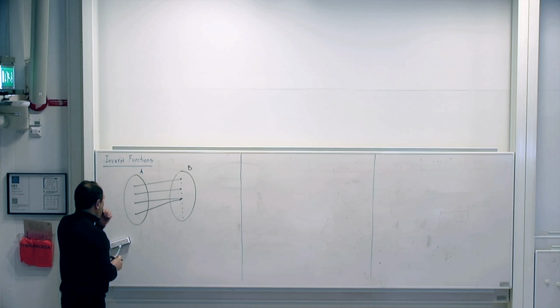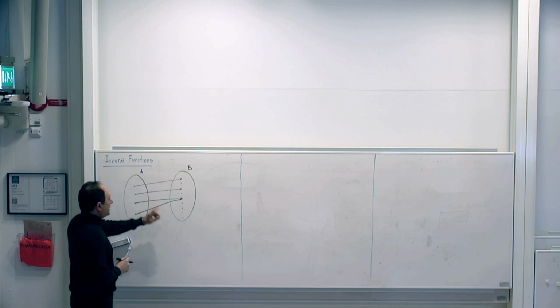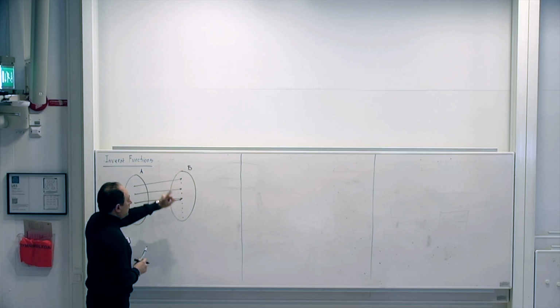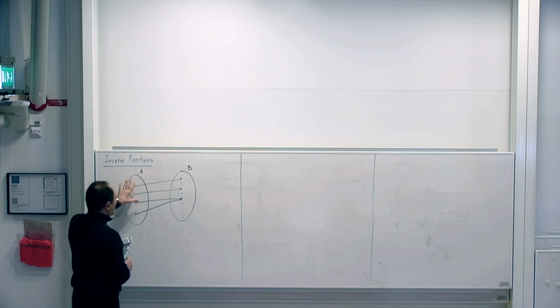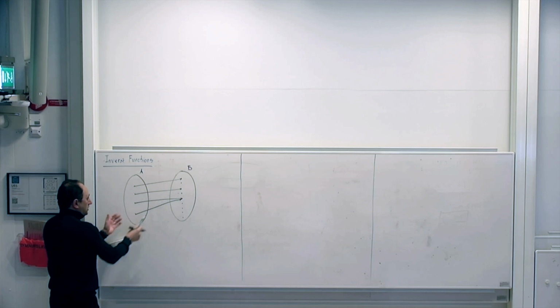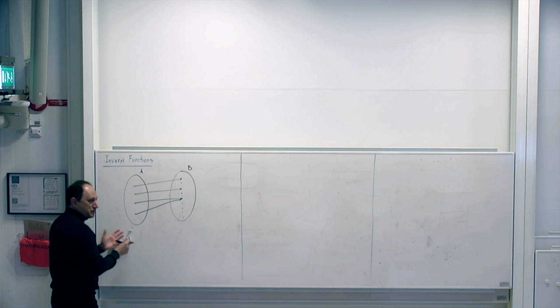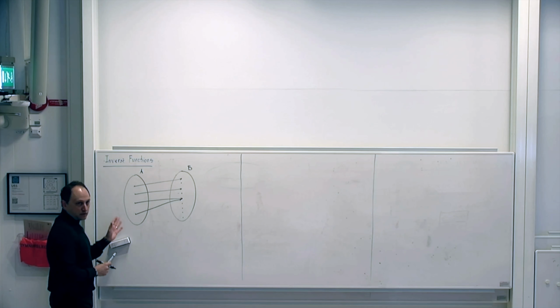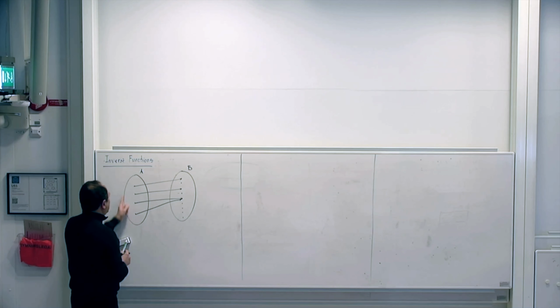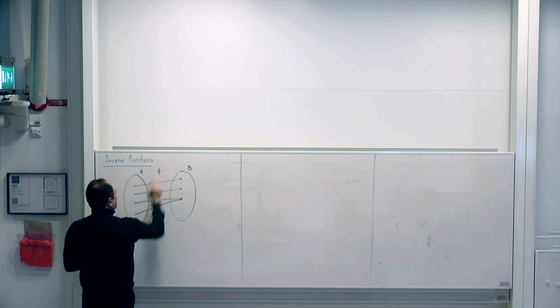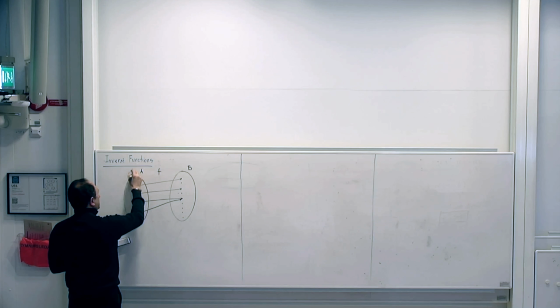So what you see here is that I have assigned one unique element from the set B to each and every one of these elements of the set A. So hopefully you understand that this diagram defines a function for you. Is that understandable? And do you remember, if this function is called function f, this set is called the domain of the function.